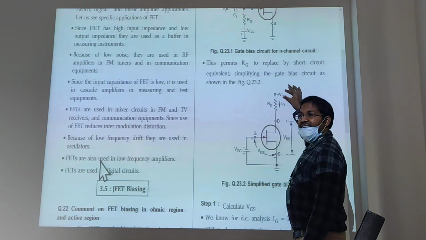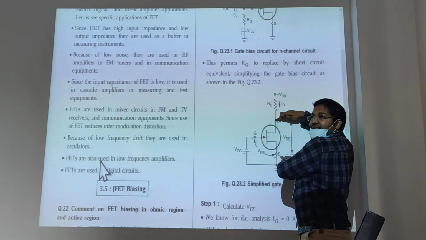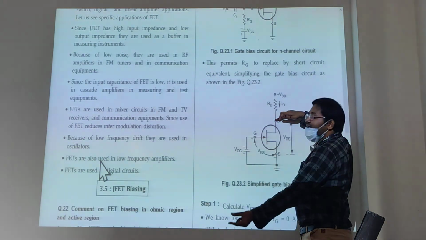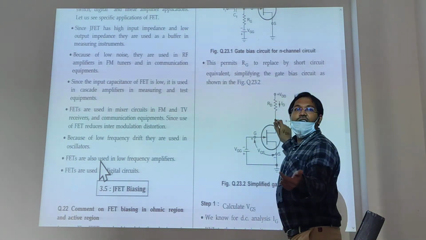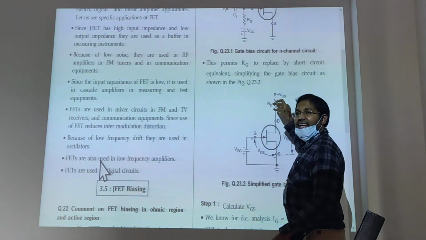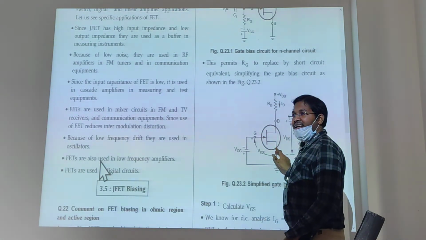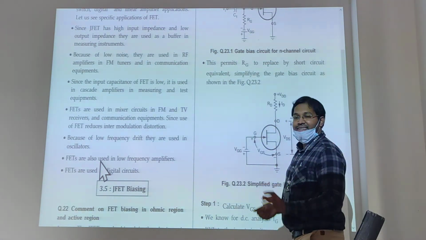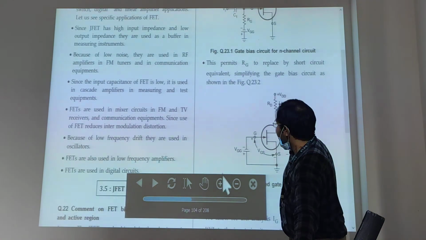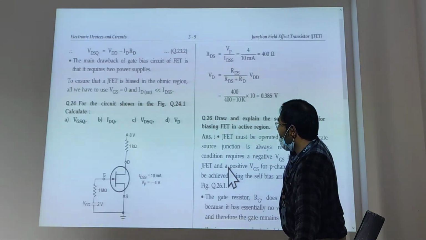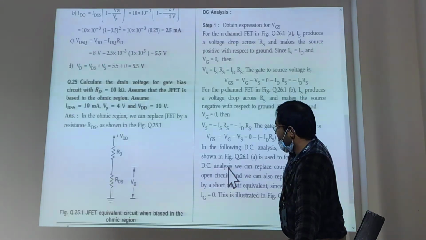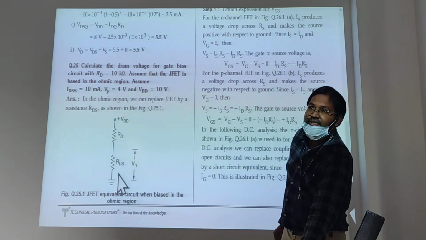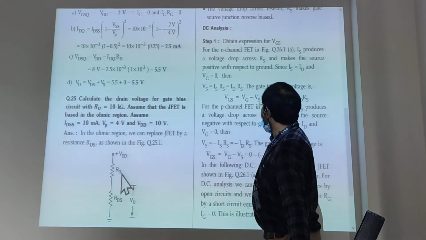What we have? VDD, RD, and replace this by one resistor. So the circuit that we need to draw for this problem will be VDD, RD and one resistor. Let us call that resistor RDS. So VDD, RD, RDS. Right? Next.